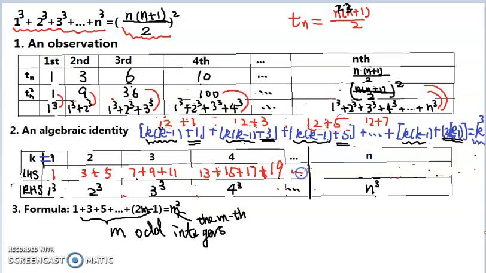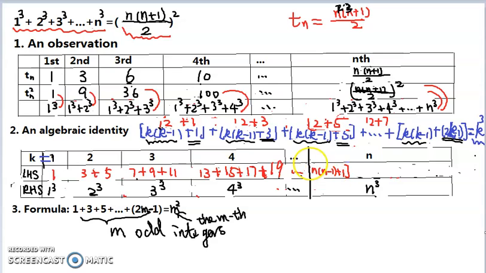Now following the pattern, in general, for the last term we replace k with n. On the left-hand side, we copy everything except we replace k with n, because k is equal to n.